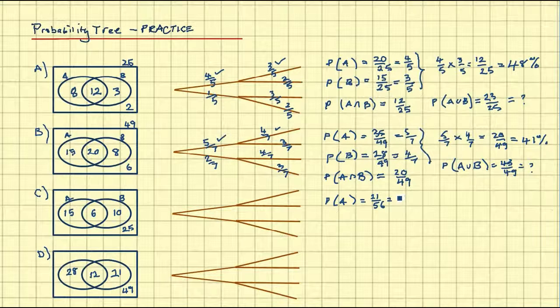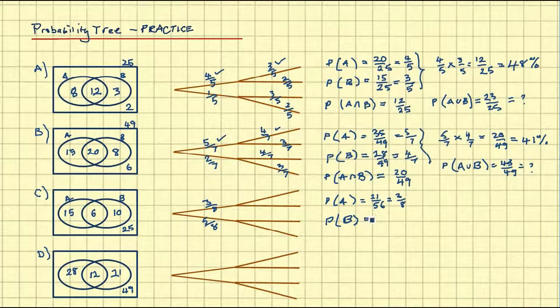And that simplifies, both divide by 7, so 3/8. So that's my first branch, 3/8. So my second branch here, my not branch, must be 5/8.